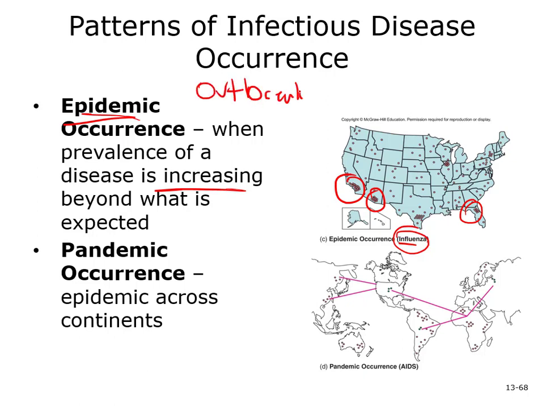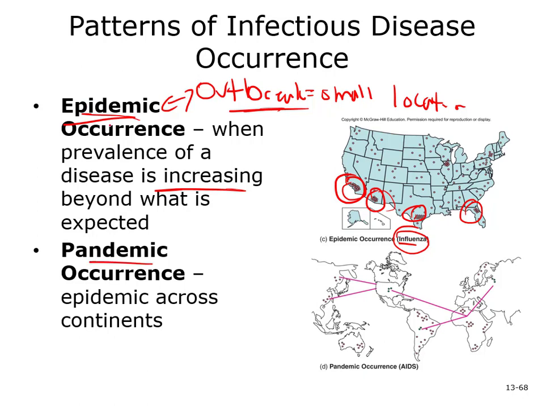A lot of people use outbreak and epidemic interchangeably. Outbreak may be used more for a very small location, like if one city has an outbreak of cholera because the water wasn't treated properly. It's a very narrowed down location, whereas epidemic may be clusters throughout an entire country.